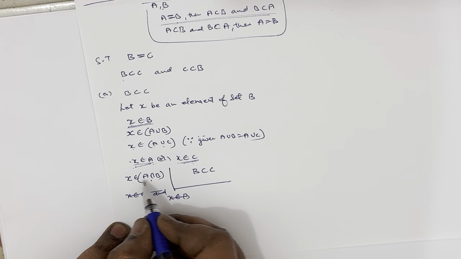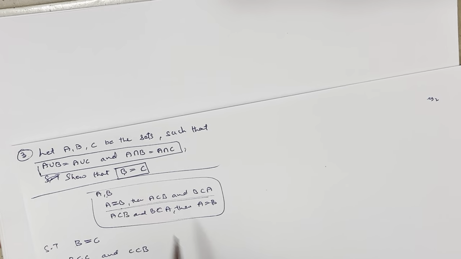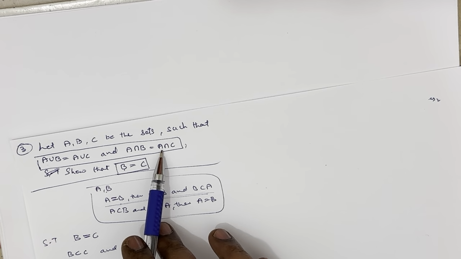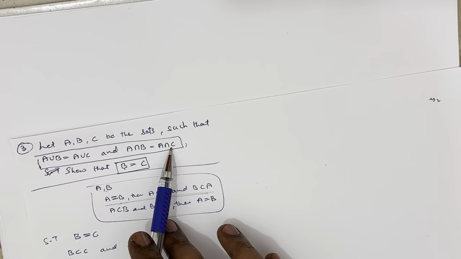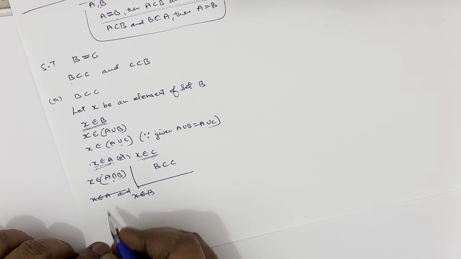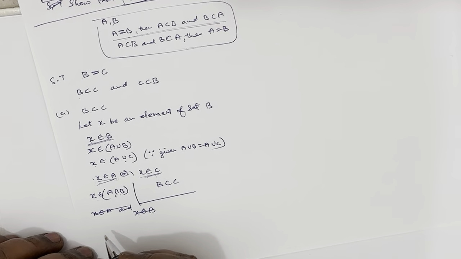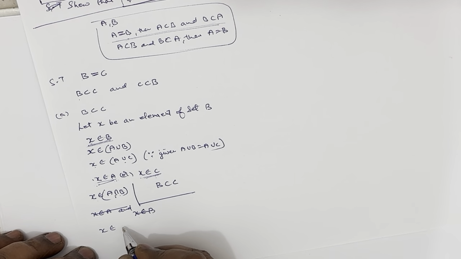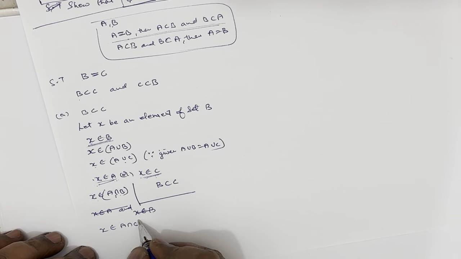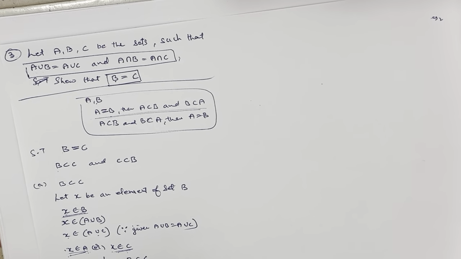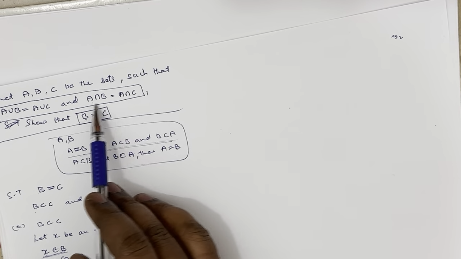Since x belongs to A intersection B, and it's given that A intersection B is equal to A intersection C, instead of this we can write A intersection C because both are equal. So we can write x belongs to A intersection C, according to the condition given.